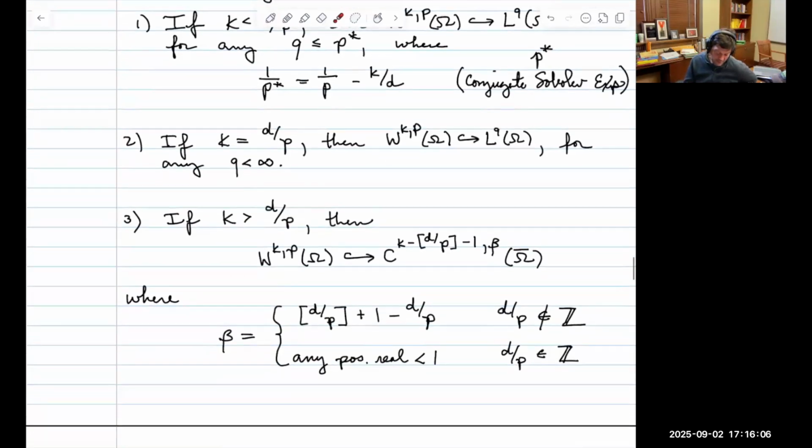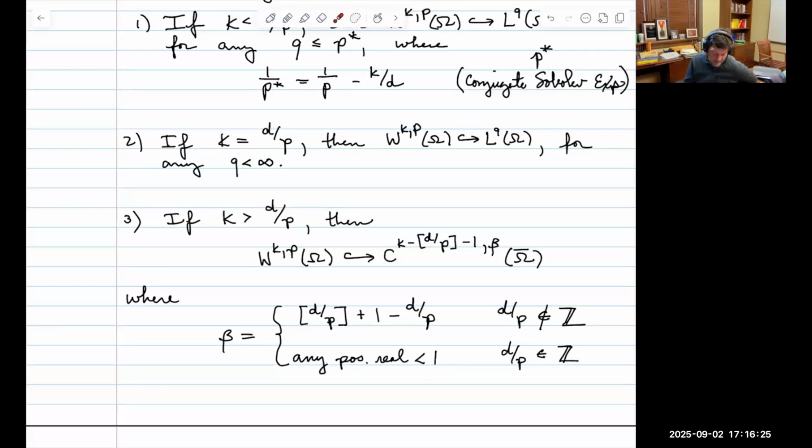Now, the good news is if I keep increasing the value of this product k times p, and at some point kp is going to exceed d, that means that either k is really large or p is really large, or maybe our dimension is small.